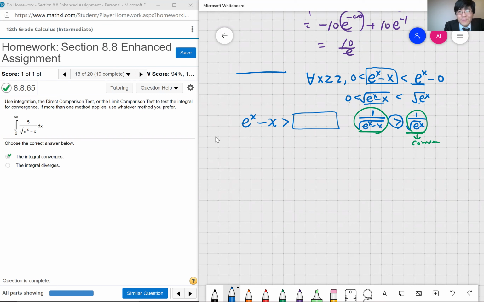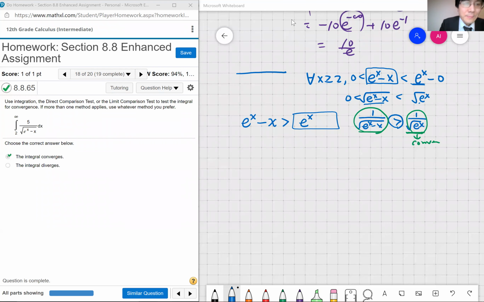Okay, and one way to do is maybe e to the power of x. Yeah, it's kind of not so easy to explain. Let me think about this. Yeah, I'm gonna pause this.